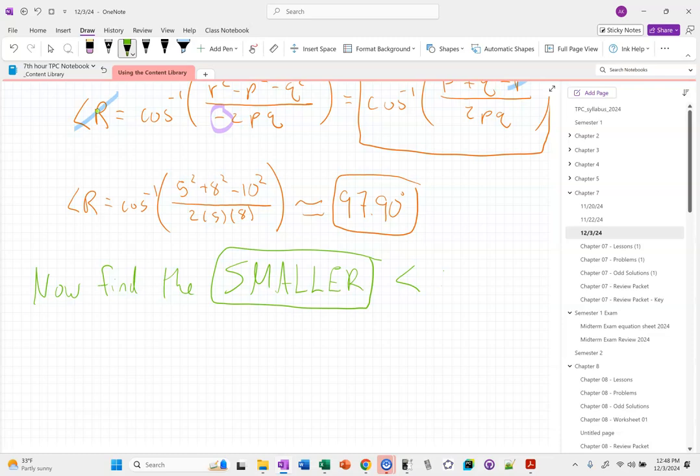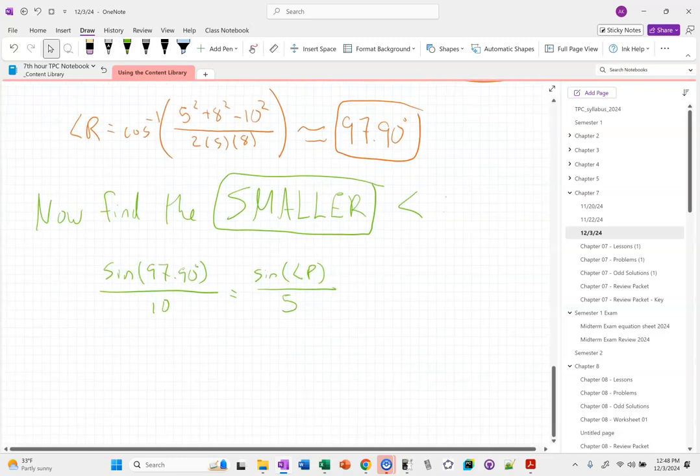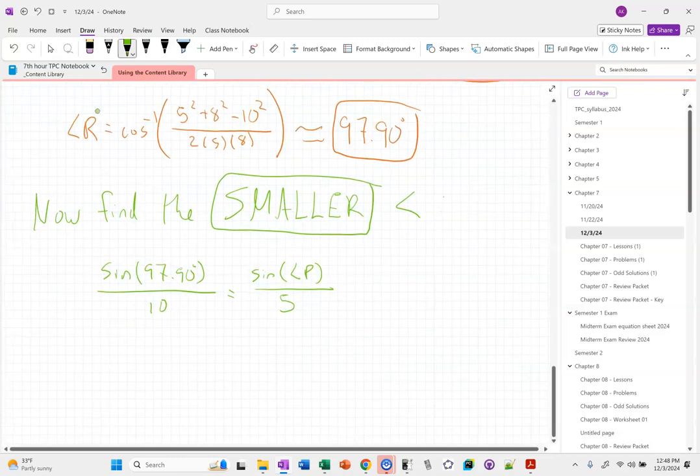Okay. So we can say that sine of 97.90, that's angle R, over 10 is equal to sine of the smaller angle, which was P, because side P was the smaller of the two sides. So we take our proportion, and to solve that, we cross multiply.